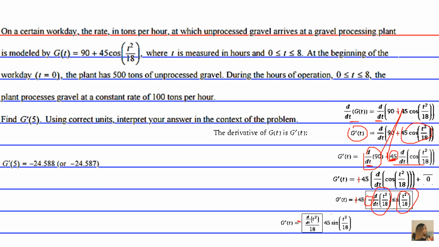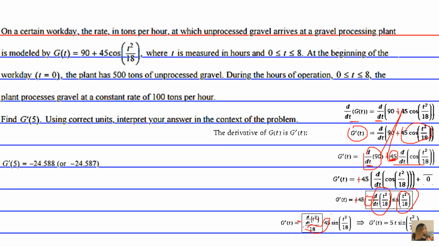All right, so now we have negative d dt of t squared over 18 times 45, the sine of t squared over 18. And we can just simplify 45 over 18, and that's going to become 5 over 2. And then when we take the derivative of t squared, that's going to become 2t.